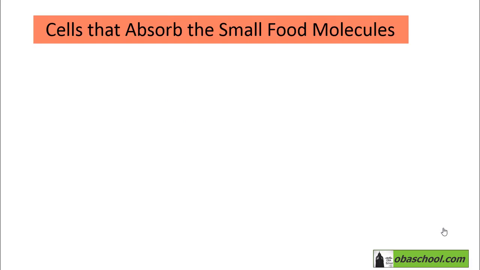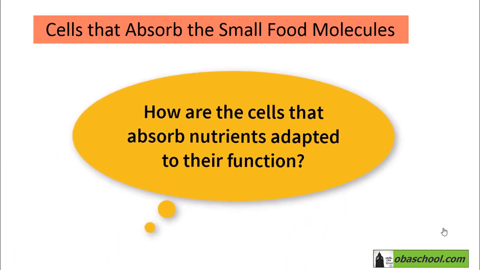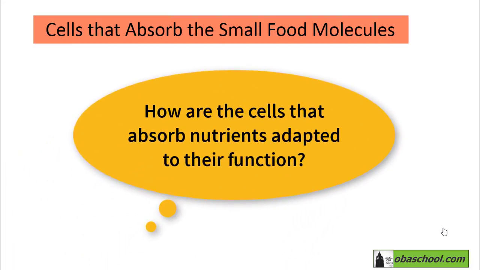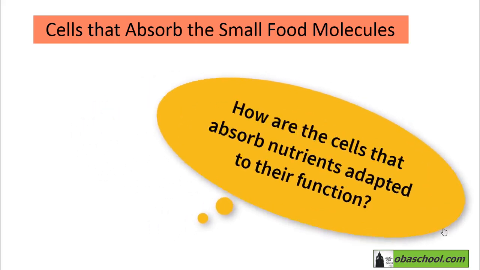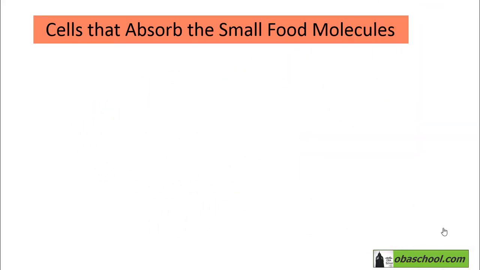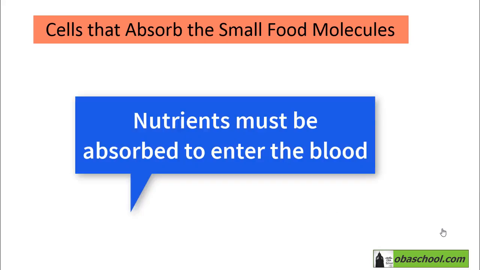Finally, how are the cells that absorb the small food molecules adapted to their function? What you first need to know, guys, is that small food molecules must be absorbed for the nutrients to enter the blood.